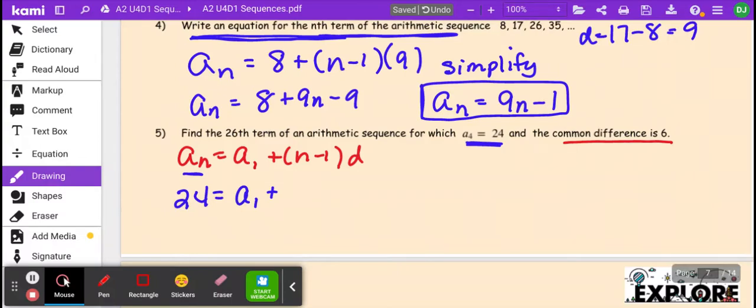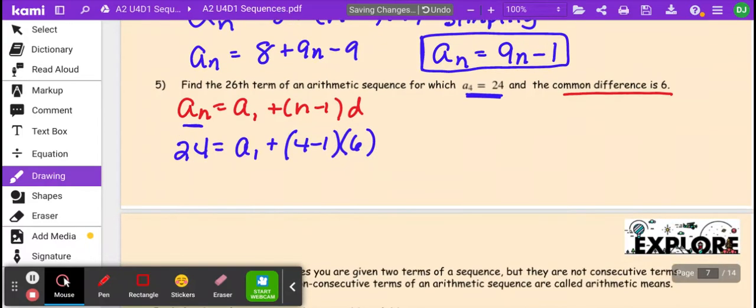We have the fourth term, right? So 4 minus 1. And then they gave us the common difference, right? So if you really look at that, it's really very easy, right? You can also simplify that to 24 equals the first term plus 18, right? So now you can see, yeah, all right, if I subtract the 18 from 24, the first term is 6.